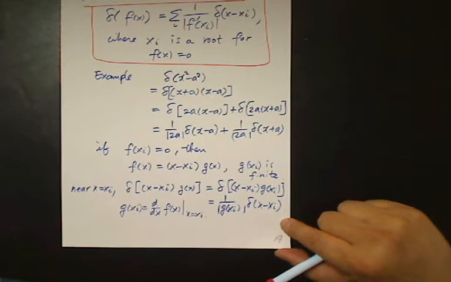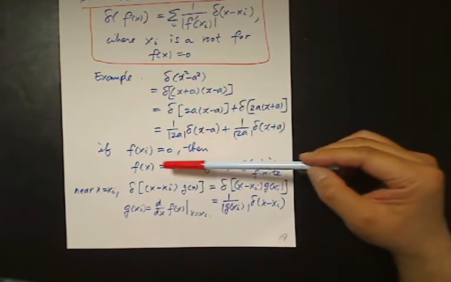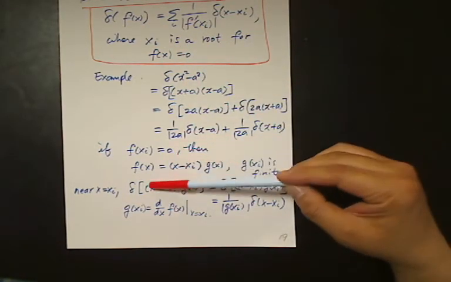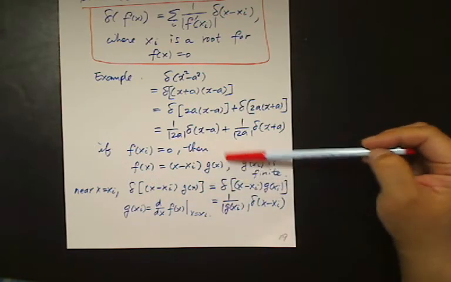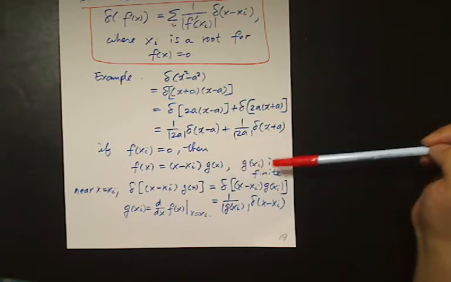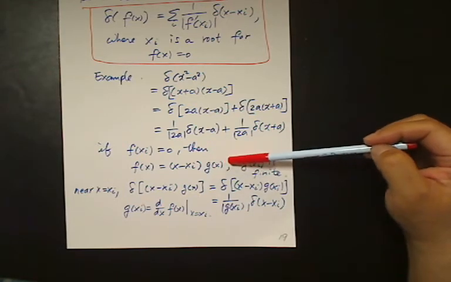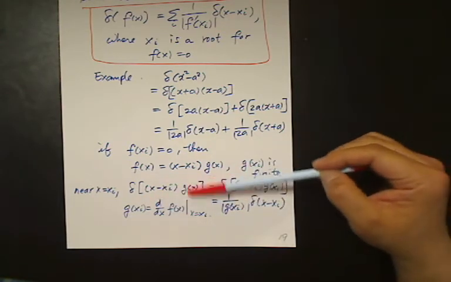So, if we consider a root, we can always factor out x minus xi, and we have g, which is assumed to be regular. Then we have the delta function times a constant.